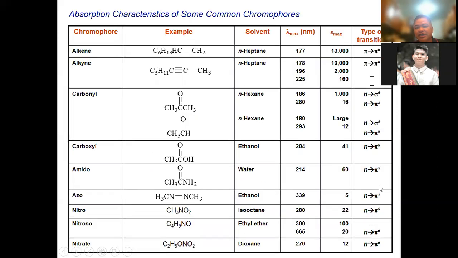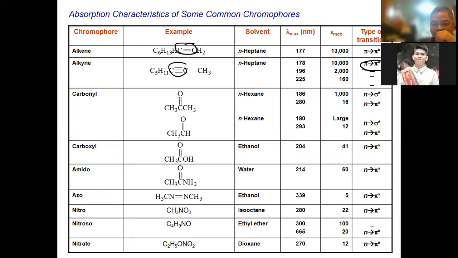And if we're going to look at some of the common chromophores that we have here, we can see the type of transition that we have. Alkene would be a pi to pi star because of the presence of the double bond. Alkyne also has a pi bond, so you can expect there a pi to pi star transition.